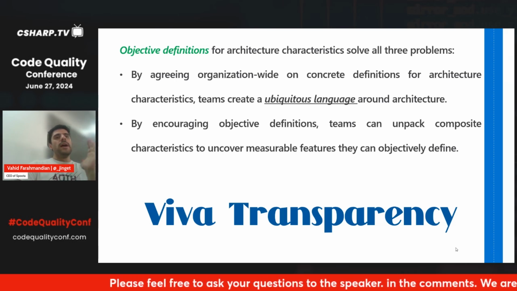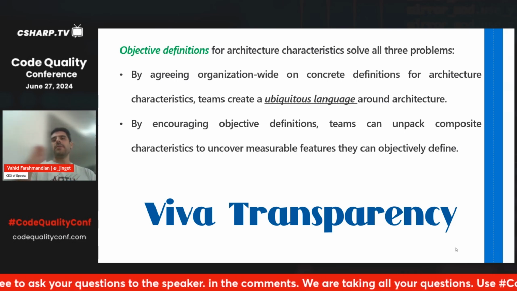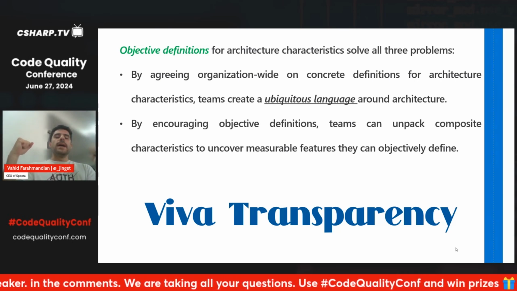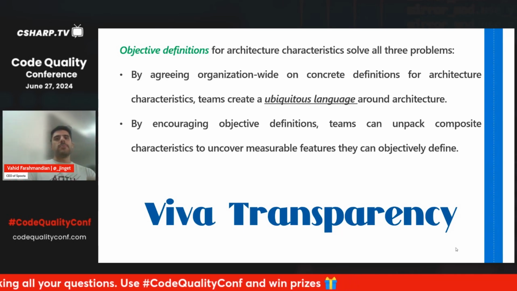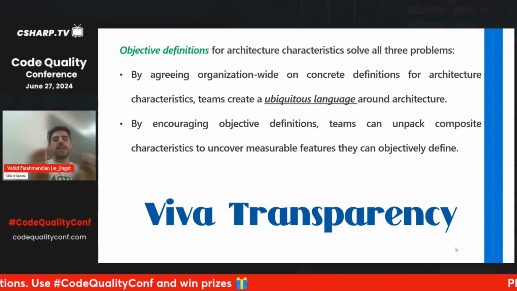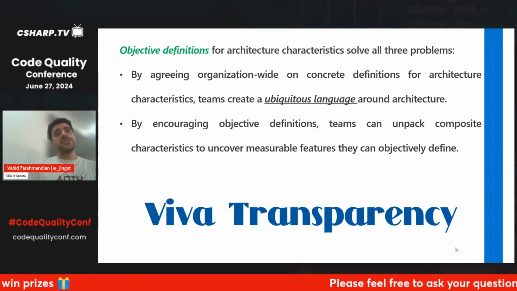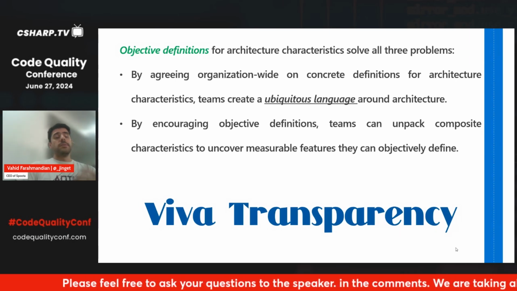We need to find a start point of them, the end point of them, how to measure them, how they affect our software. We all need to clarify this definition in our teams, and all team members must have the same information and must have the same definitions around this concept. So the transparency in software architecture measuring is really important.